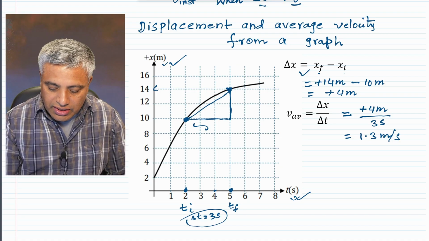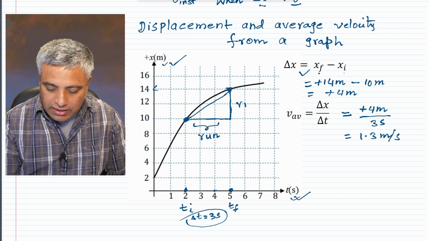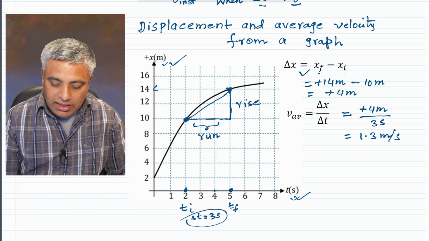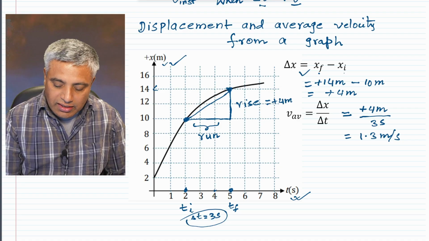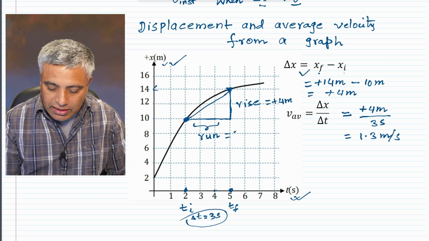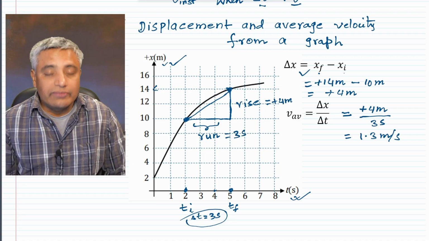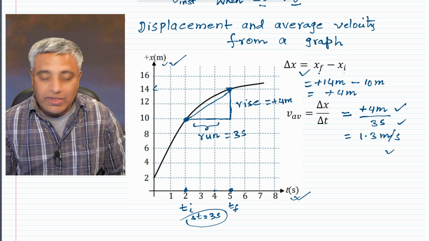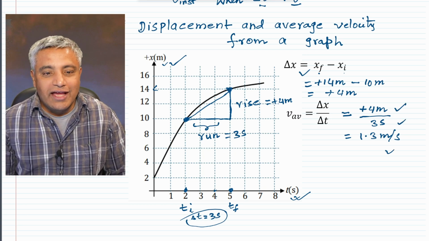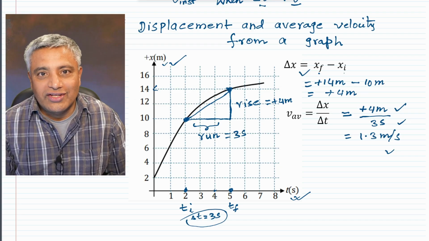When we read this, we say, okay, that is run and this is rise. And looking at this graph, we know rise is exactly positive 4 meters and run is 3 seconds, just like before. Okay, so we are getting the same numbers, meaning we are getting the same average velocity, so no surprise there.